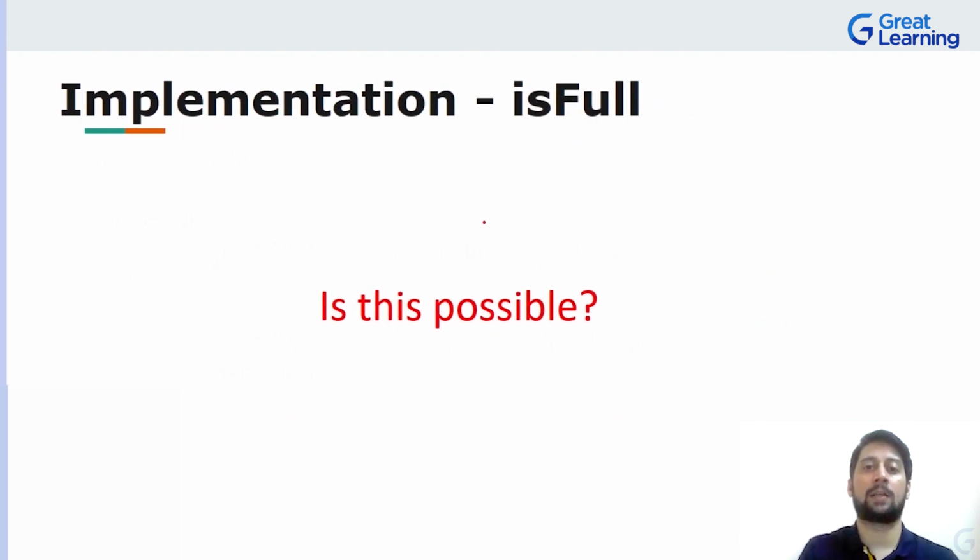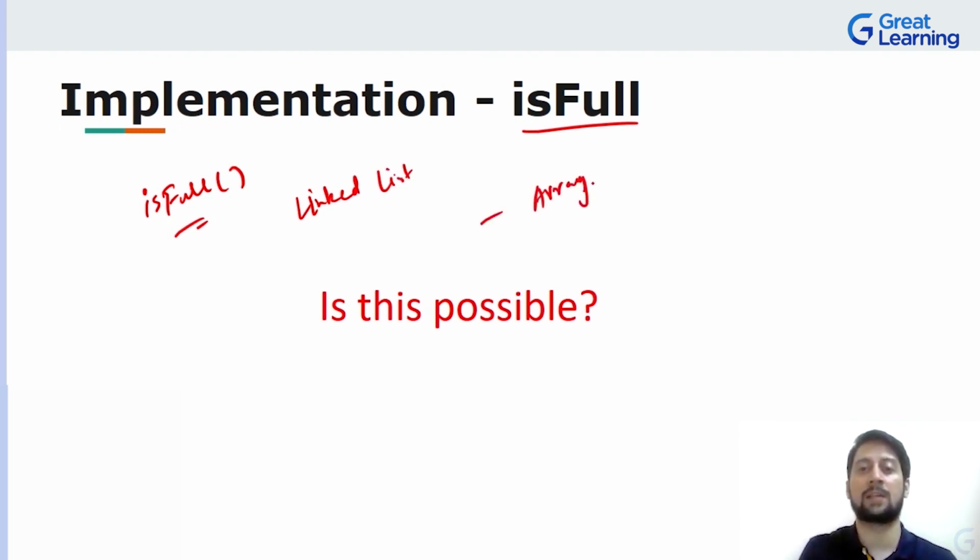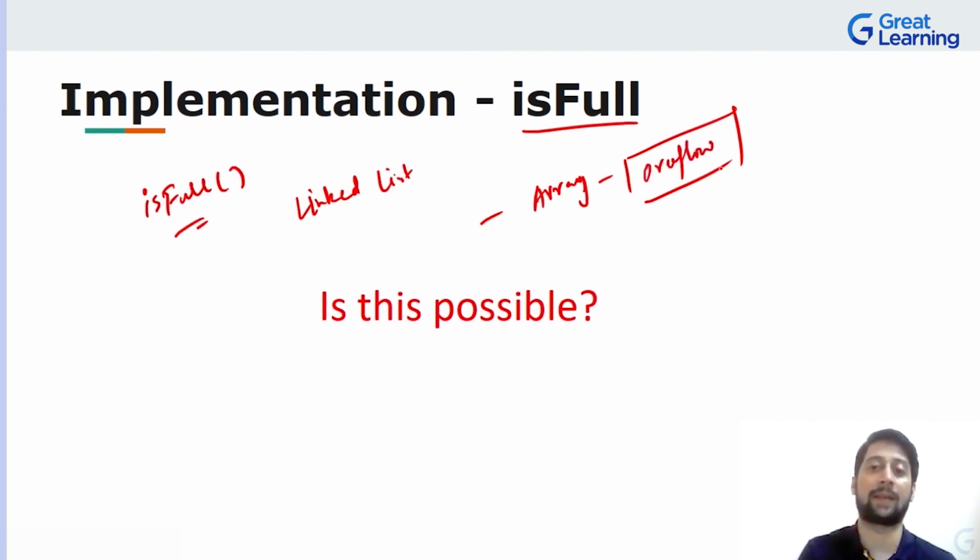Now let's move ahead. Now isFull: is this method possible in a linked list? In arrays we have seen that if the size of the array is equal to the actual size of the queue, then we cannot insert any element in the queue. That is, the overflow condition is always there when we implement it using arrays.